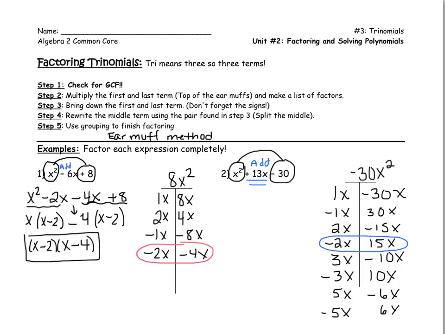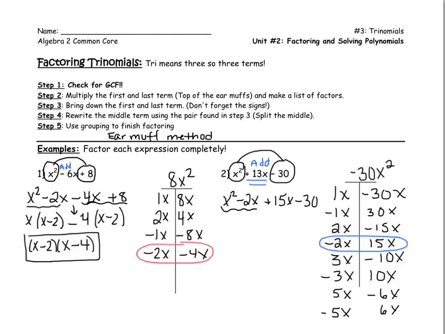Okay, so now what we're going to do again is bring down the first term and bring down the last term, including the sign, and fill the middle with this pair. So we're going to type in a negative 2x plus 15x. And now since we have 4 terms, we're going to factor by grouping.